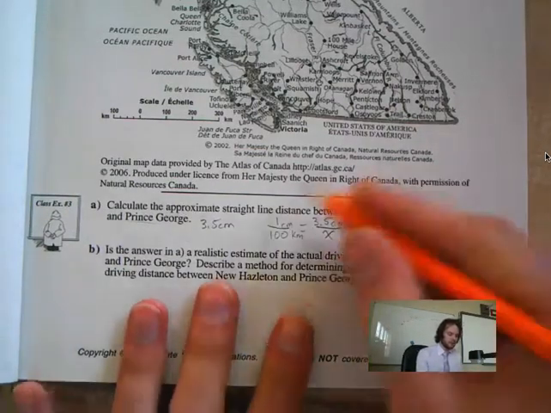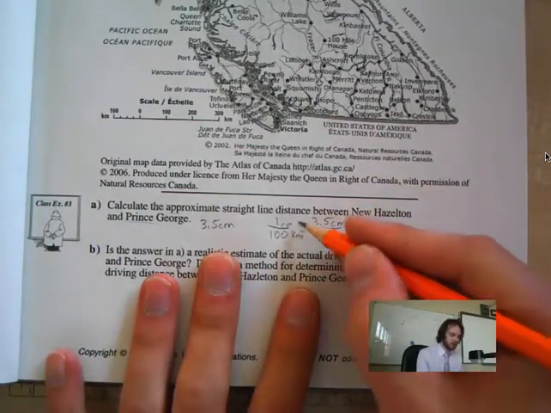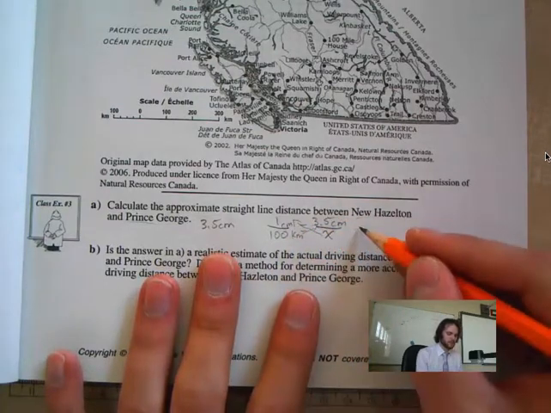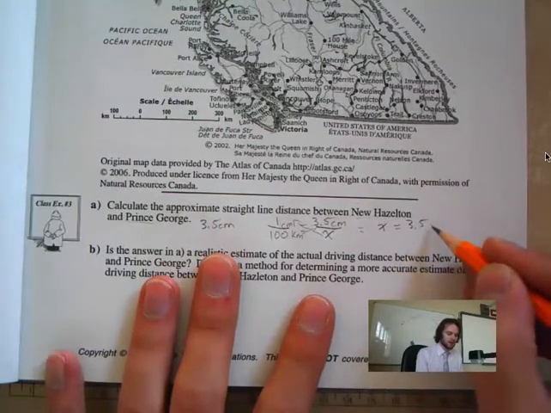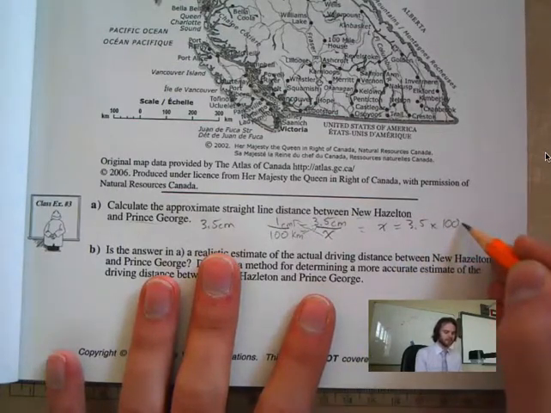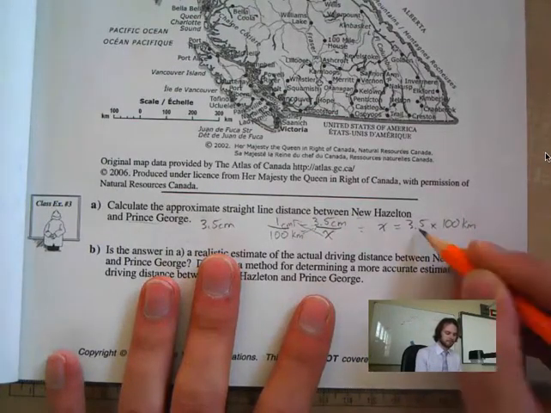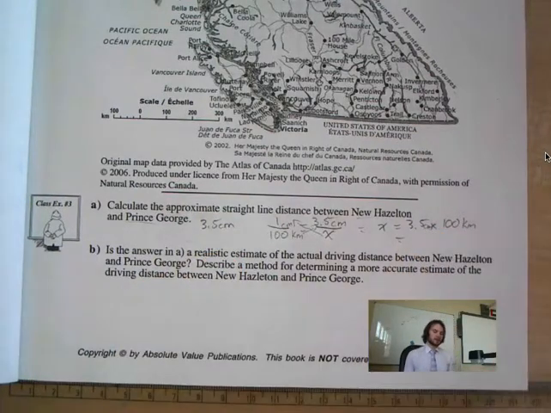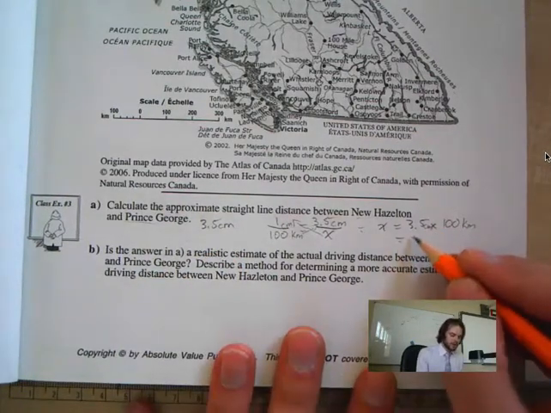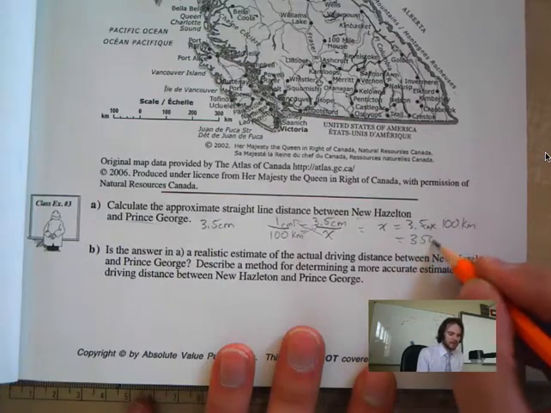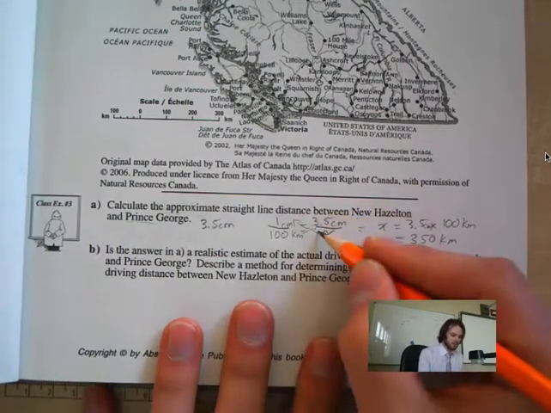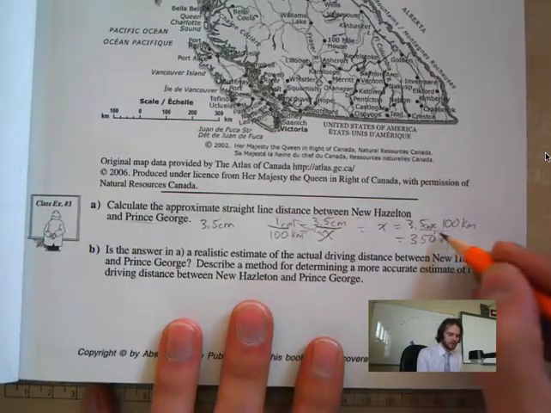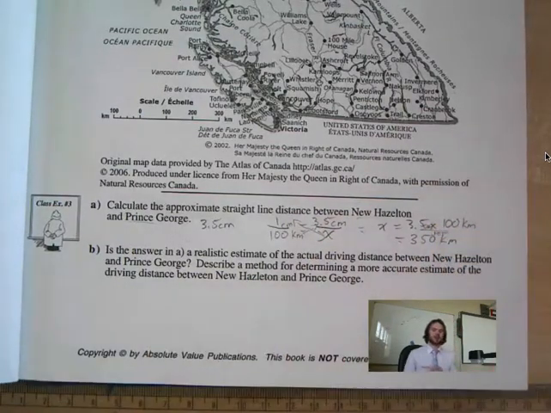And to solve this, we're going to cross multiply. So I'm going to end up getting x is equal to 3.5 multiplied by 100, which is 350 kilometers. Because it's all divided by 1 centimeter, the centimeters cancel off. So I have 350 kilometers.